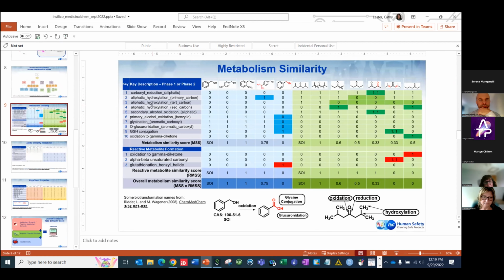Emilio uses a similar approach where a metabolism fingerprint is defined and each key is a biotransformation, using the Sigma biotransformations published back in 2008. That's where we started, but we found that we had to add to that compilation of biotransformations. We had to create a whole new fingerprint for reactive metabolite formation.